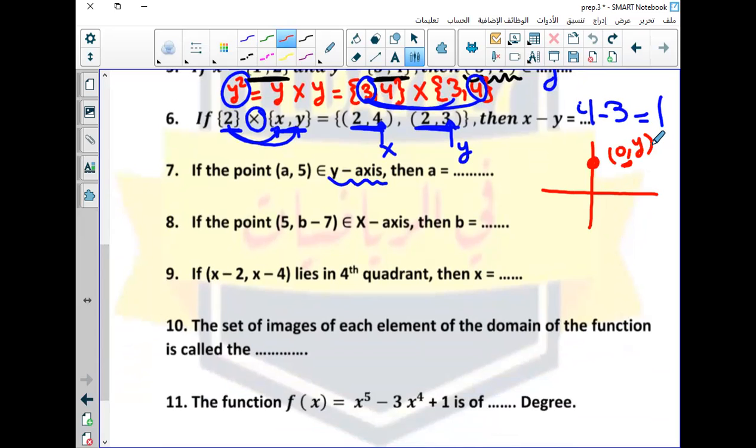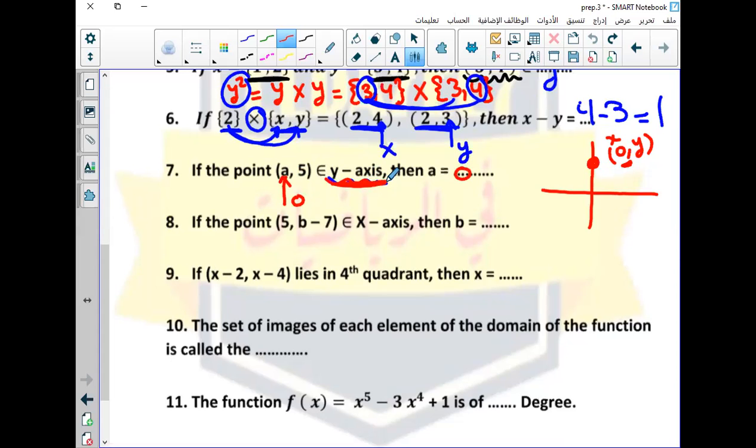Then any ordered pair on the y-axis has x equal to 0. Then a must be equal to 0 to belong to the y-axis.